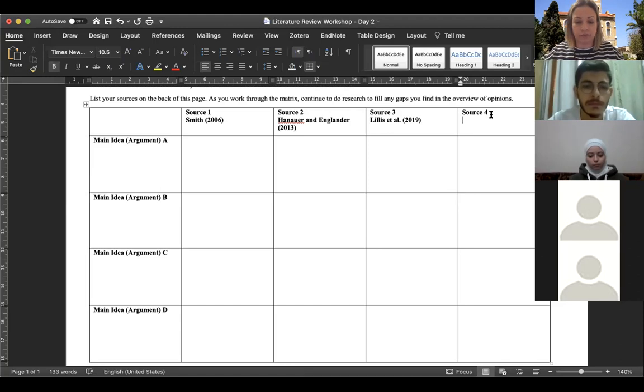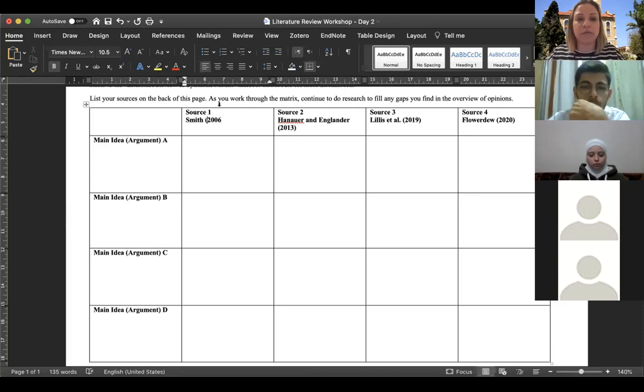And here I know a person called Flowerdew, and he just published an article, so it's 2020, and then you can do that. Whenever you're saving a PDF, save it like that, like Smith 2006, right? So what happens is it makes it easier for you.